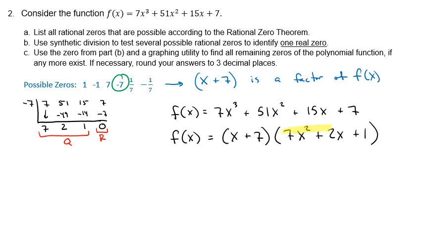All right, remember, where this is coming from is the synthetic division. This is from our work over here on the left. 7, 2, 1. All right, 7x squared plus 2x plus 1.